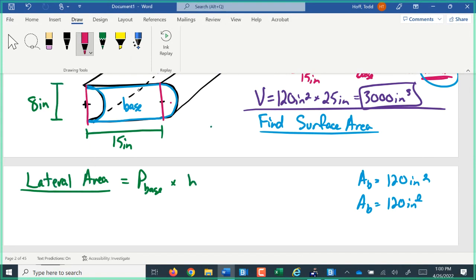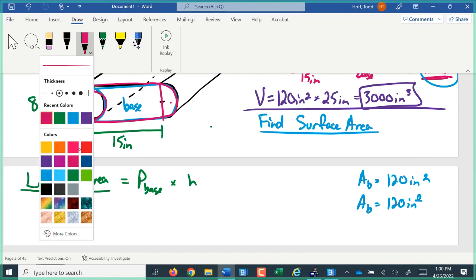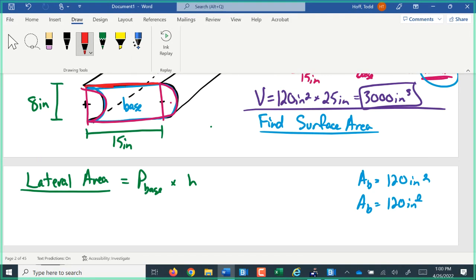Find the perimeter of the base, it's just the distance around this shape here. Well, that's going to be 3 pieces. I have this piece here, which is how big? 15. Plus I have this piece down here, which is also 15. Plus then I've got the arc of my circle.